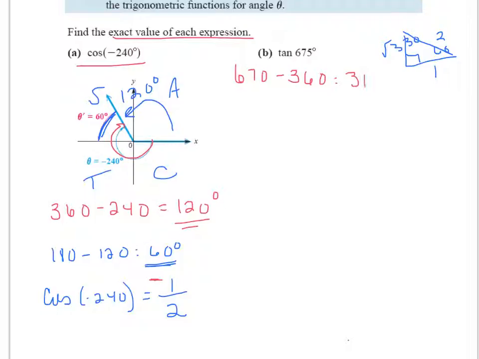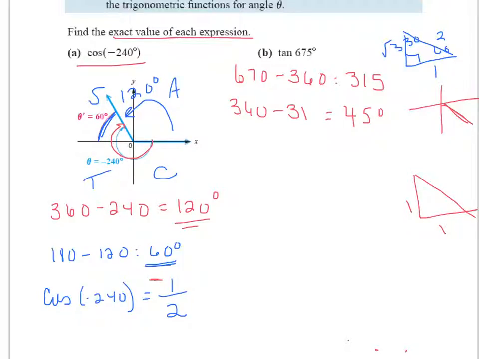So that is our reference angle. I'm sorry, that's our coterminal angle. So then you would say 360, because that winds up in what? Quadrant 4. So that is 360 minus theta. So 360 minus 315, and that's going to equal 45 degrees. So here's our 45-degree triangle, 1, 1, square root of 2.